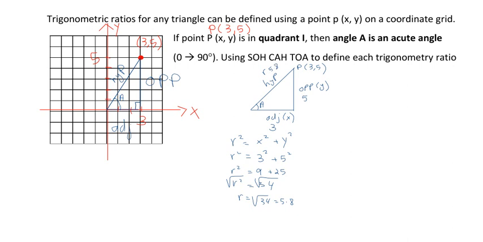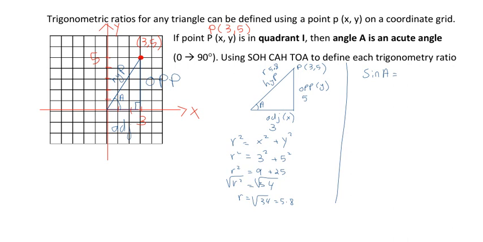Now, if I want to define sine A, what would sine A be? Y over r, because sine is opposite over hypotenuse. So if I'm looking at sine A, it's opposite over hypotenuse.